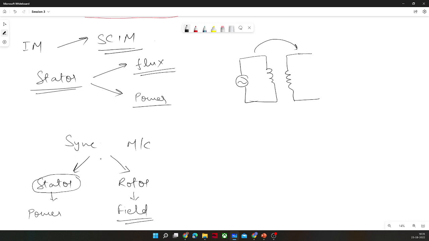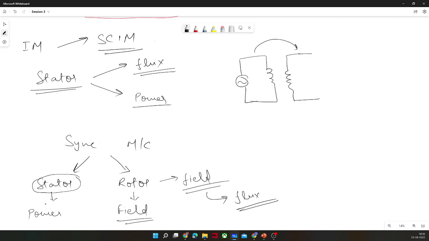So a synchronous machine has a stator or armature that is placed on the stator side, and the field is provided on the rotor side. On the rotor, this is able to maintain the flux whatever is required to run the machine at rated condition, or even in field weakening. And the stator is the thing which is providing the electrical loading or power.